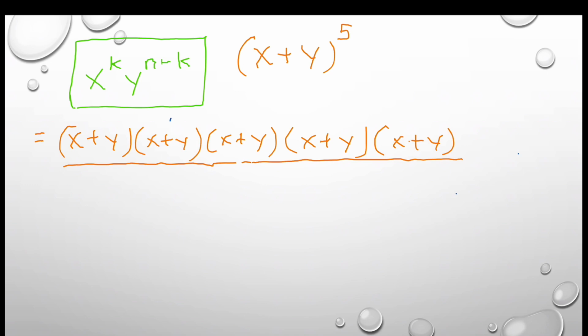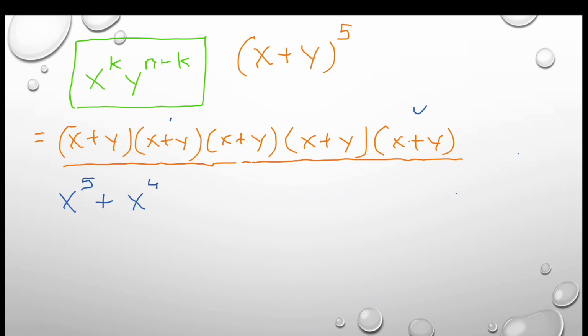Now, if you were to expand this, first you will take all the x's, alright? From all the buckets, you will take 5 x's. So I have x to the power 5 as my first term. Remember, we are not dealing with the coefficients right now, we are just dealing with the variables. In my next chance, I pick one y. Let's say I pick a y from here and I pick 4 x's over there.